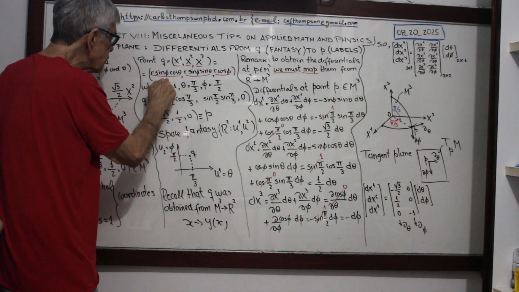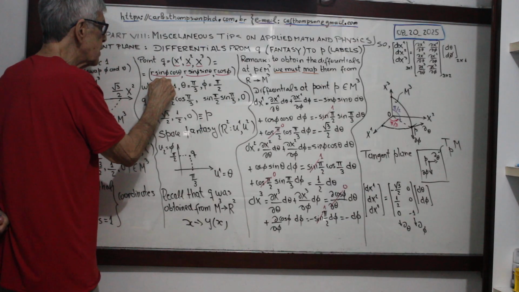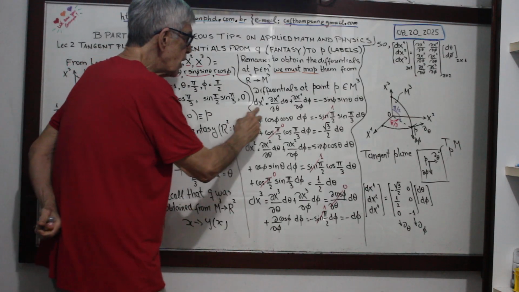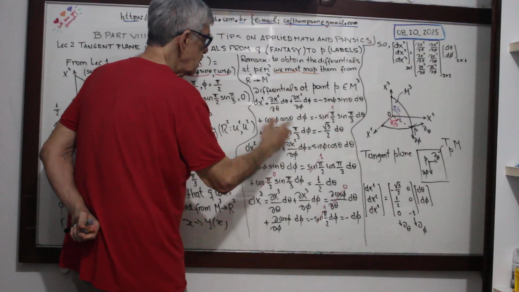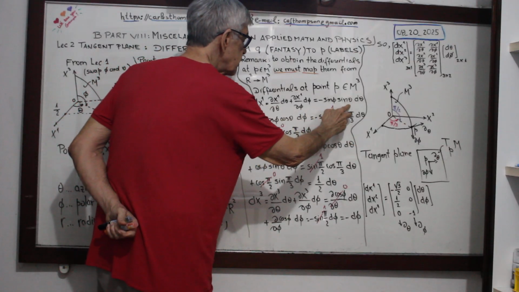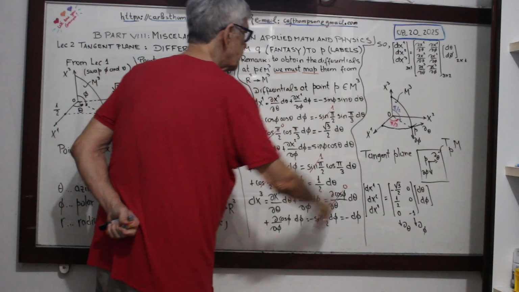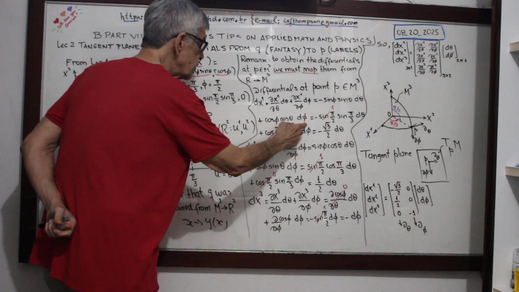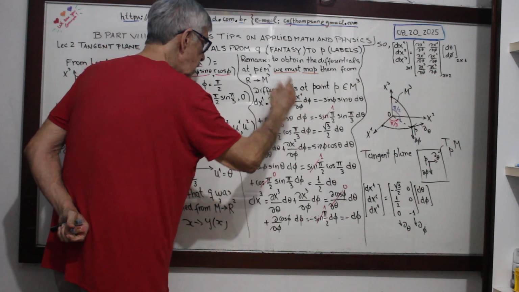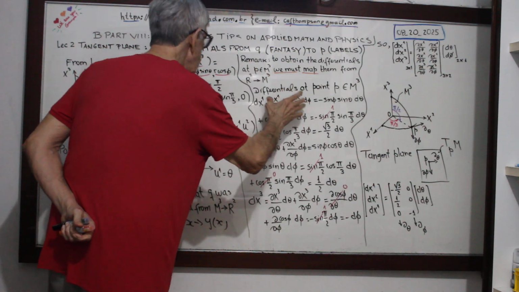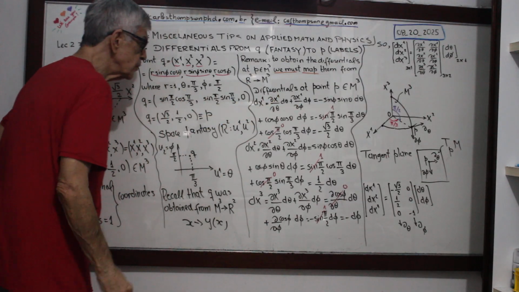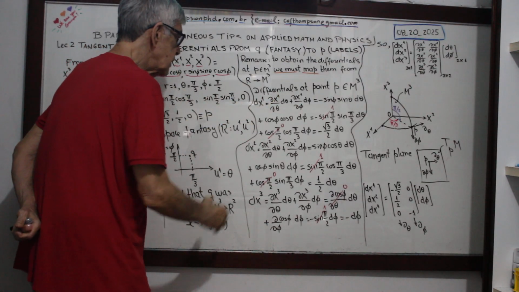I take the derivative with respect to theta and with respect to phi, r is equal to 1. So this is minus sine phi sine theta d theta plus cosine phi cosine theta d phi. I just look at x1 and do these partial derivatives.